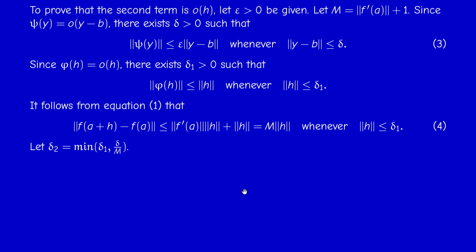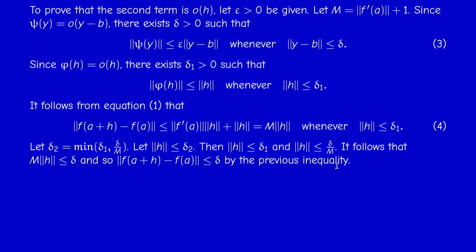And now, last step, I take delta 2 to be the smallest among delta 1 and delta over m. You will see where this comes from. And I consider an arbitrary increment whose norm is less than delta 2. What happens? Then the norm of h is both less than delta 1 and less than delta over m, or equal, doesn't matter.